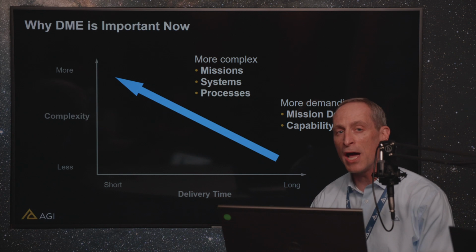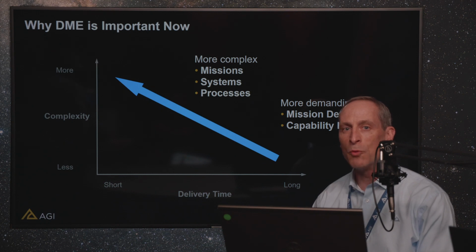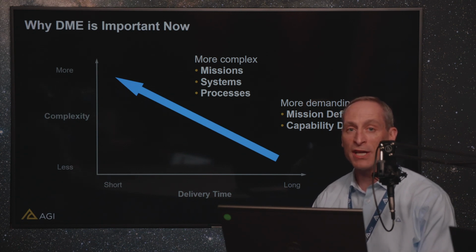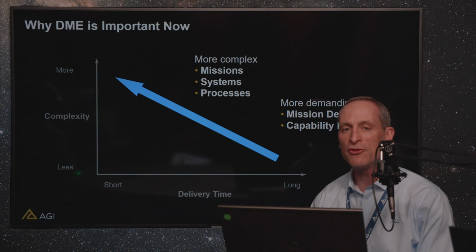But at the same time, the demand for our responsiveness is being compressed significantly. So the time in which we have to identify the need for our mission objective and the definition around that objective has gotten shorter. And additionally, as a result of that, the time that we have to deliver capability that responds to that mission need has been compressed as well.